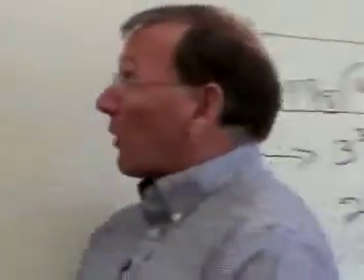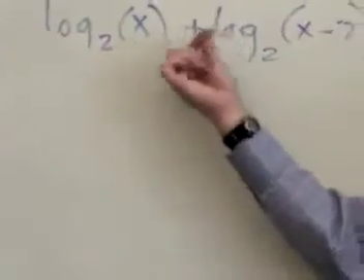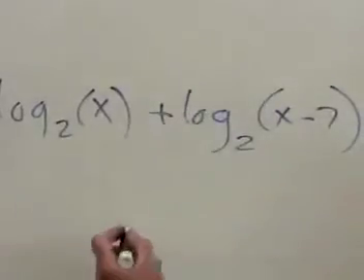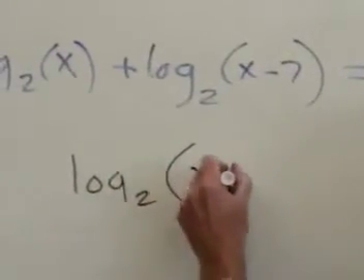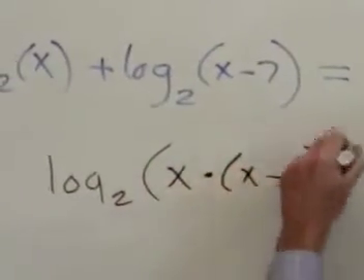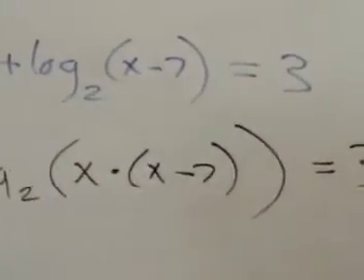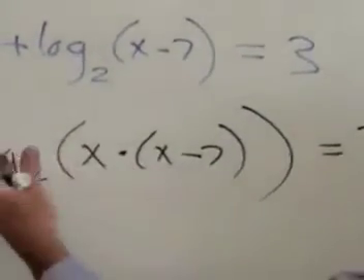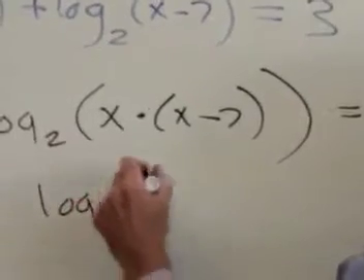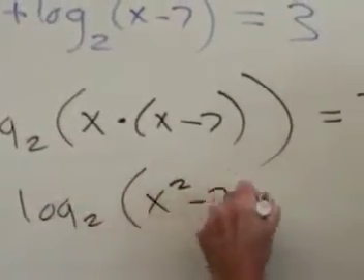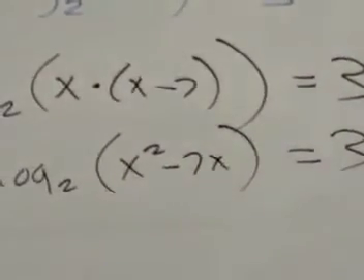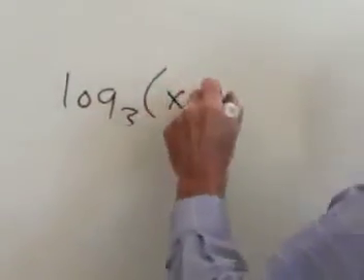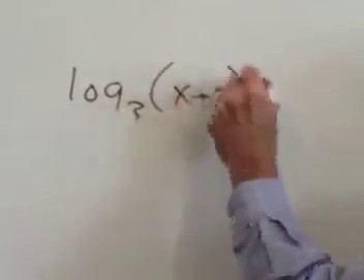In order to do that, however, I need to combine this to a single log. So I'm going to rewrite this as log base 2 of x times x minus 7 equals 3, which then can be written as log base 2 of x squared minus 7x equals 3. And now I have that very similar to what I had over here when I had the log base 3 of x plus 2 equal 3.